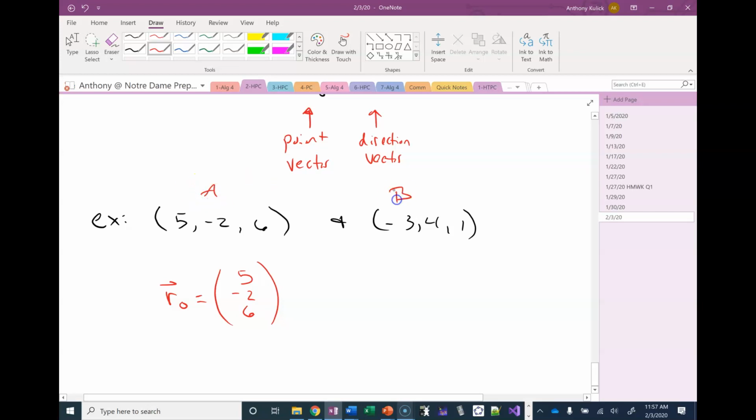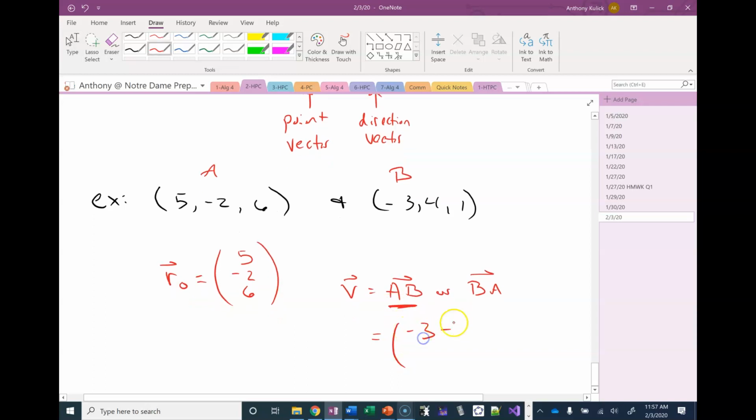So if I call these points A and B, my direction vector could either be the vector AB or the vector BA. Doesn't really matter which one you use. And that's really easy to find, right? Let's say we find AB.